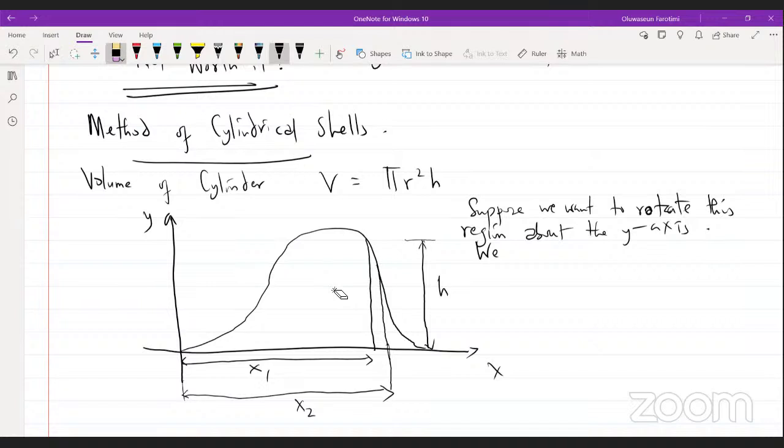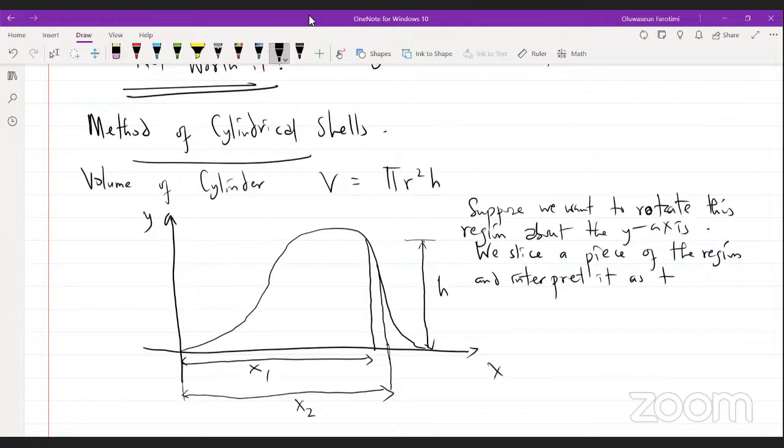We slice a piece of the region and we interpret it as what we call the thickness of a cylindrical shell.